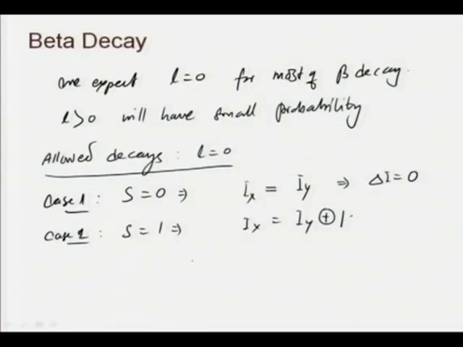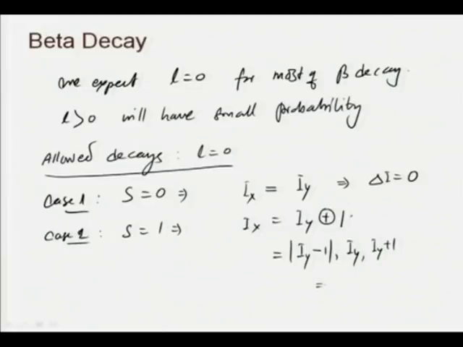So, this will tell you that the actual possibilities are I y minus 1 in magnitude, I y, and I y plus 1.